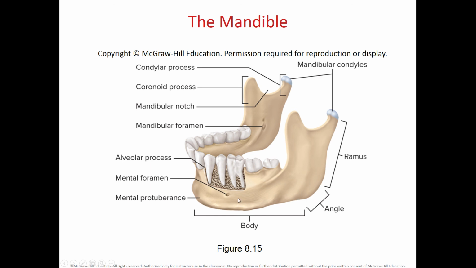And then this will be the body. And then in here we have the mandibular symphysis with the mental protuberance. And then in here will be the mental foramen. This will be the alveolar processes that hold our teeth. And then inside the ramus, we have this mandibular foramen. And then we have this area that helps to hold a gland that is called the submandibular gland.